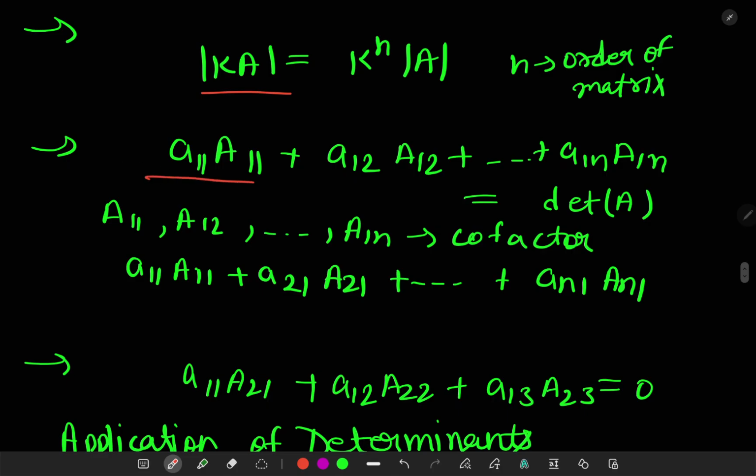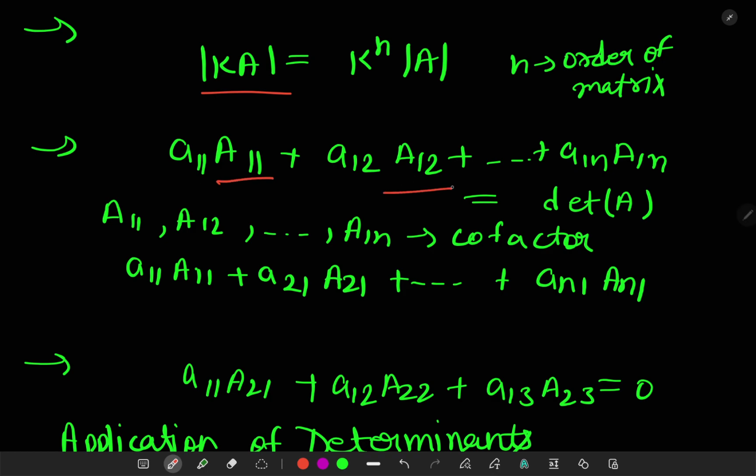Now in this property, you can see that in a determinant, the sum of the product of elements of any row or column with the cofactors of the corresponding elements is equal to the determinant value.